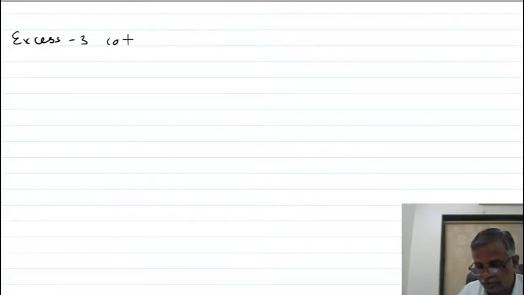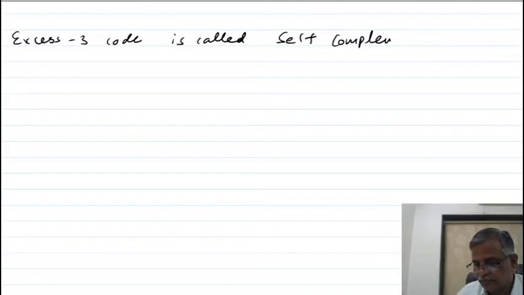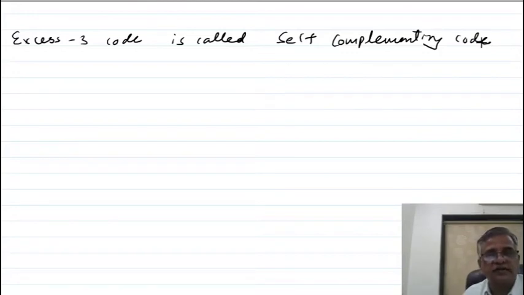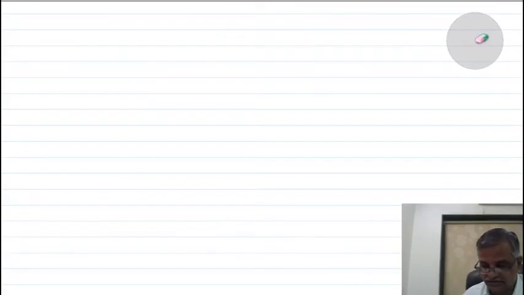XS3 code is called self-complementing code. Reason is that 9's complement can be obtained by taking first complement of XS3 code of a given decimal number. Listen, we'll do the numerical based on this.